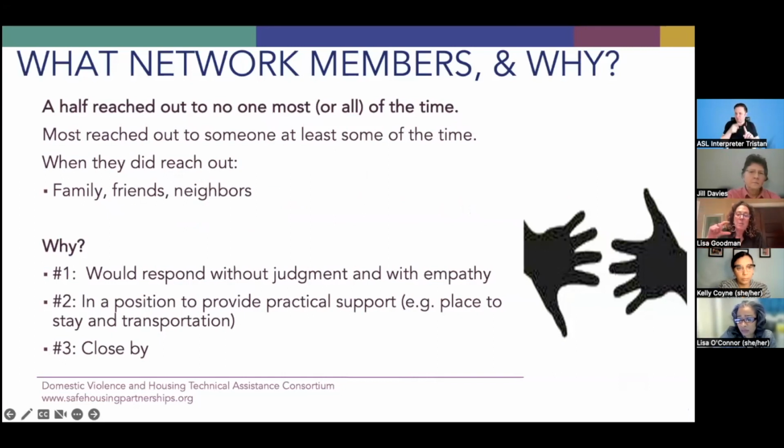This finding really brings to light something that has been obscured in prior research, because most research on survivors' use of informal network members reveals, as many of you know, that most survivors rely very heavily on their informal networks, both before and during and after they reach out to formal systems.